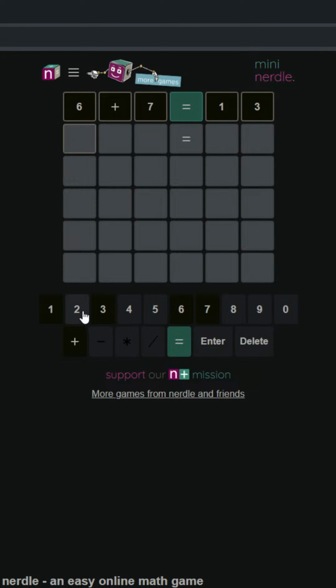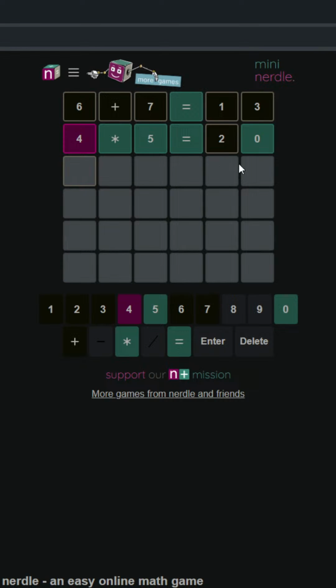So what are our next options? We know it's double digit, and it's not addition. So maybe 4 times 5 is 20. Wow. It's 8 times 5.